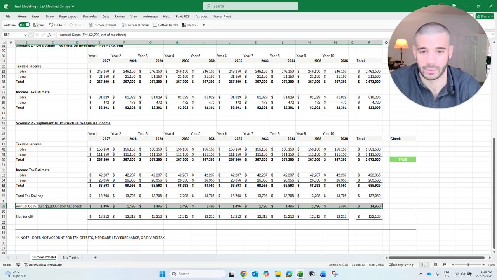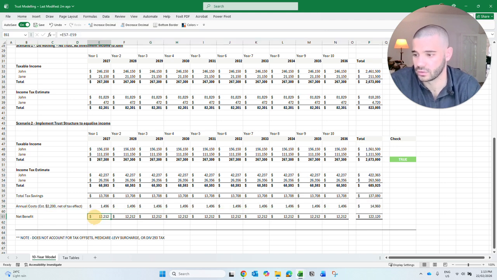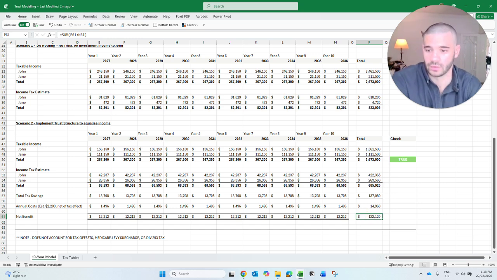That's an estimate, might be more, might be less. So we're saying a net benefit after costs per year is about $12,000 from using the trust structure. Over the 10-year time horizon, that would be $120,000 better off using the trust.